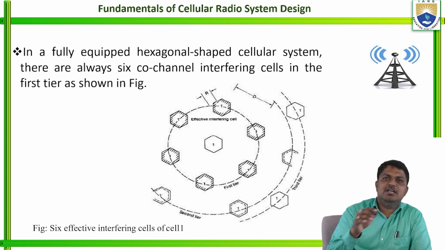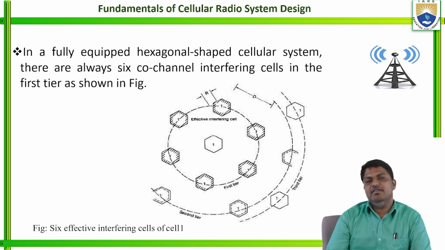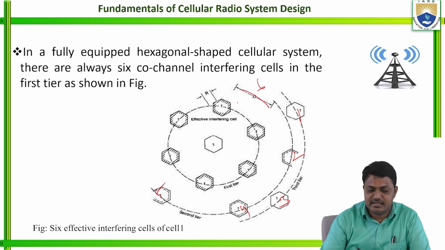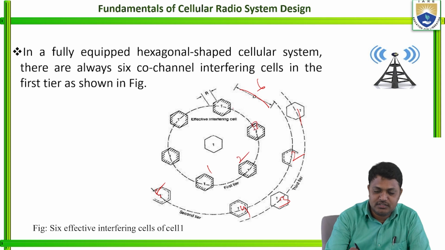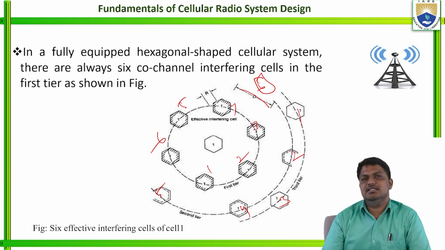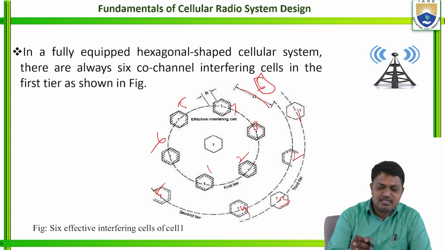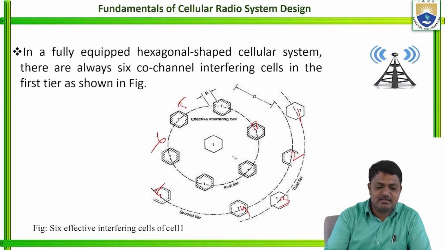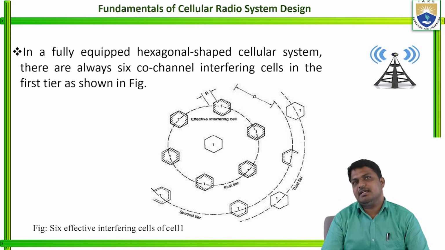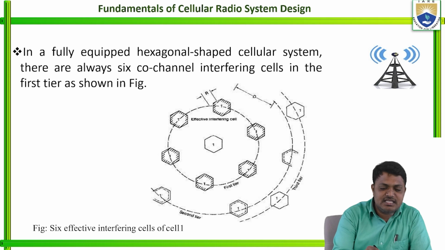In a fully equipped hexagonal shaped cellular system, there are always 6 co-channel interfering cells. So 1, 2, 3, 4, 5, and 1 more is added here, that is 6. See in this figure, in the first tier of the hexagonal cellular system there are only 6 co-channel interfering cells.